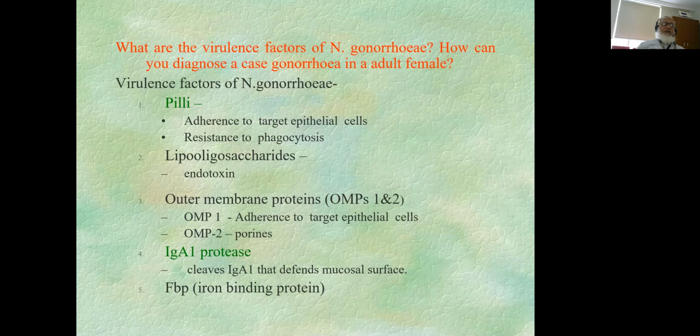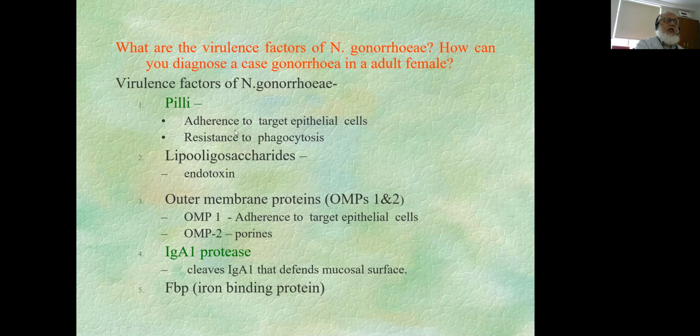What are the virulence factors of Neisseria gonorrhoeae? How can you diagnose a case of gonorrhea in an adult female? Virulence factors of Neisseria gonorrhoeae include pili, lipo-oligosaccharide, outer membrane proteins, IgA1 protease, and iron binding protein.